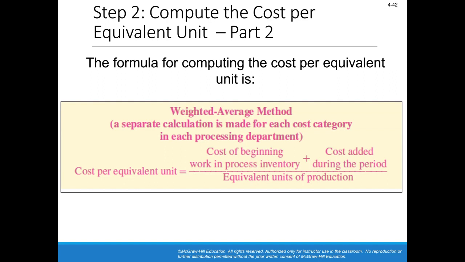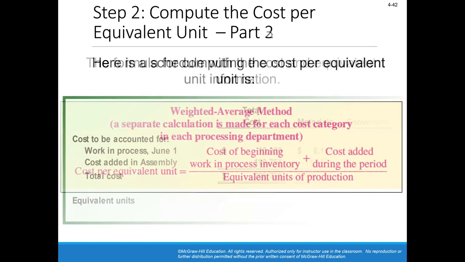Remember, that's not just the units that were completed and pulled out. The equivalent units are the completed units, plus we have to calculate the work in process ending equivalent units. That's what the total equivalent units are, and that's what we need to use in this formula.